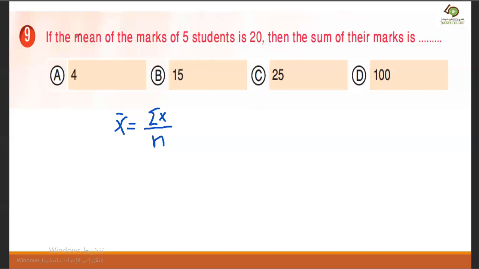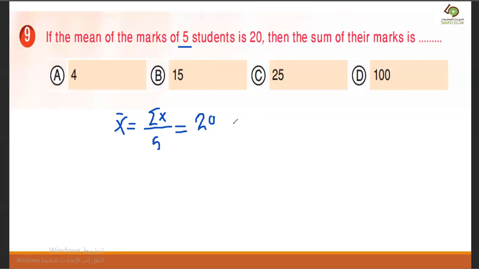So now he said the mean of the marks is 20, right? So I write it here, 20. And how many students do I have? 5 students. I delete this and I write 5.